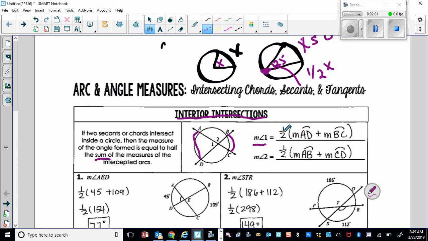So you add BC and AD and divide by 2. The same thing for angle 2. The intercepted arcs for angle 2 are AB and CD, so angle 2 would be 1/2 the measure of AB plus CD. So that's what we have to do to solve it.